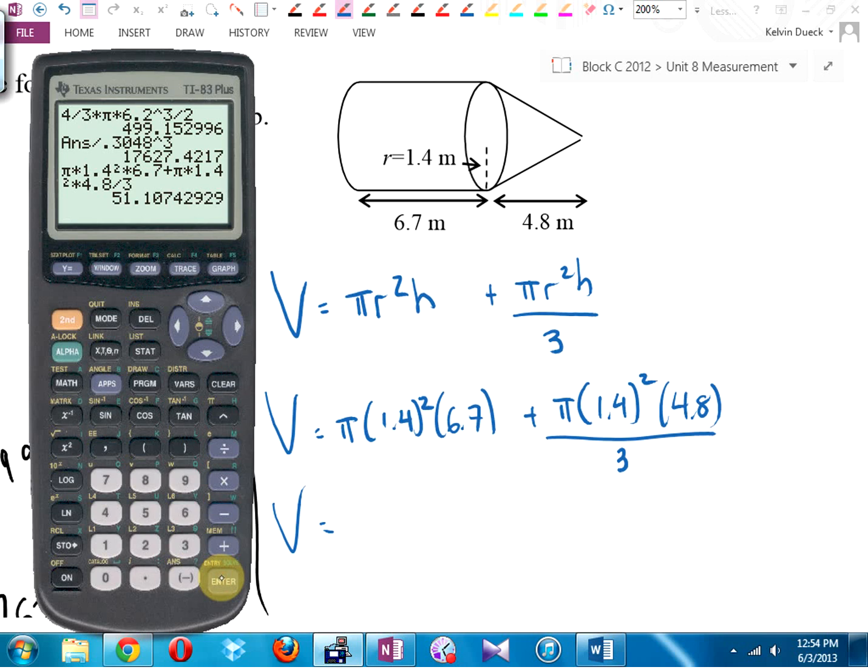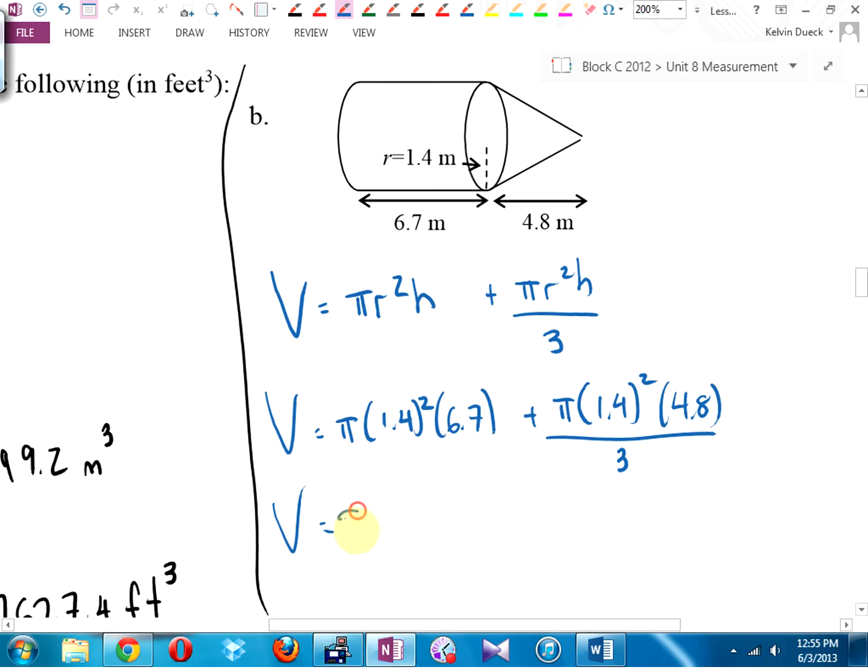Pi r squared h, check, plus pi r squared h over 3, check. See if you get what I got. And then if you got what I got, then try converting it.